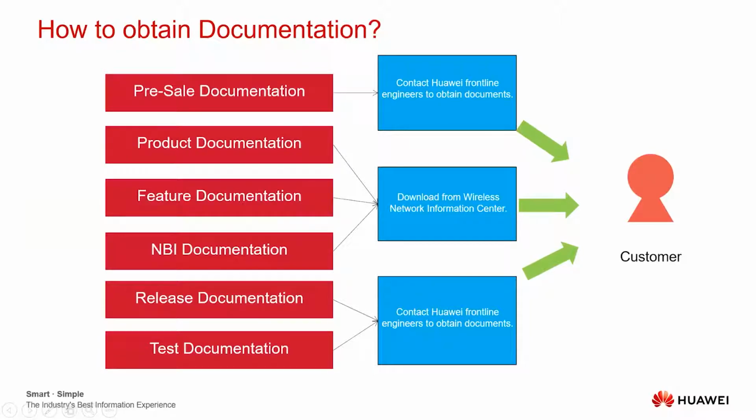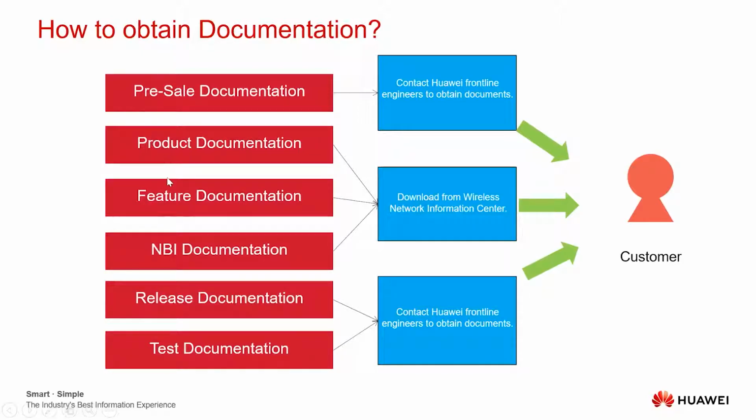Here you can see that we have 3 channels for customers to get the documentation. First one is for the pre-sale documentation. You just contact our frontline engineers, most of the time the sales engineers, to obtain the documents from a very early stage of a product and solutions.